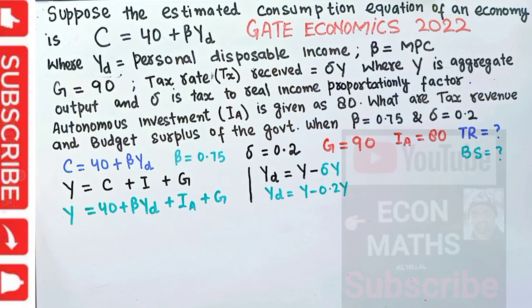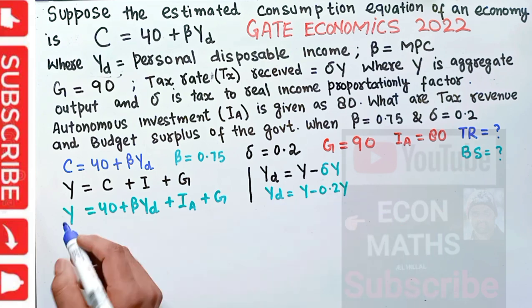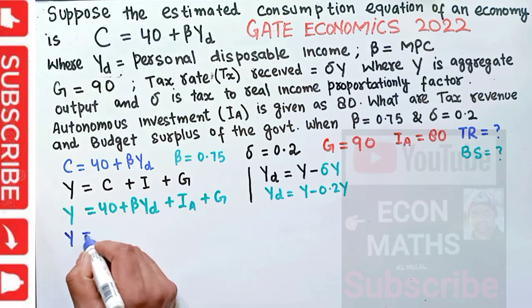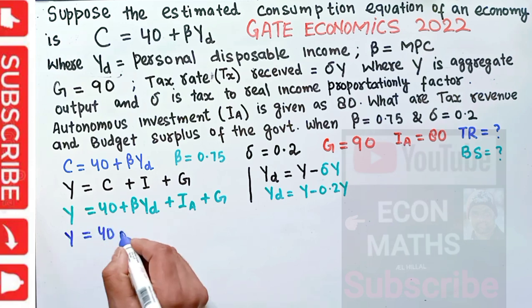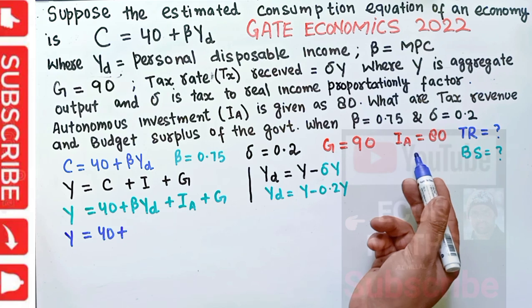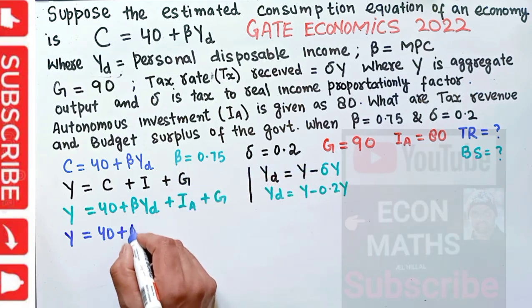Now let's put the value here. So we have Y equal to 40 plus beta, the MPC, which is 0.75.